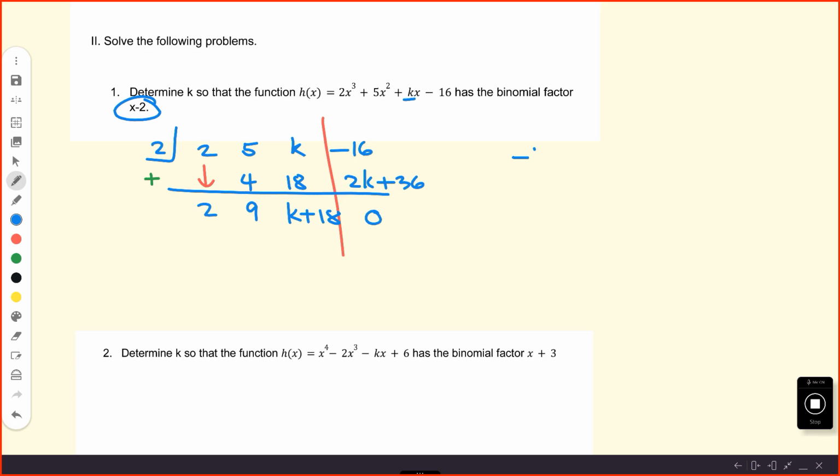I'm just going to show negative 16 plus 2k plus 36 equals 0. Okay, because we have to add this, and the remainder must be 0 for us to say that this is a factor. Okay, so what is this? 20. So 2k plus 20 equals 0. And then you solve for k.